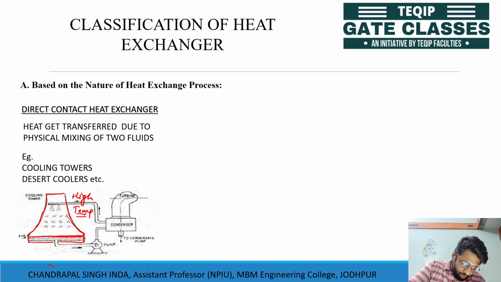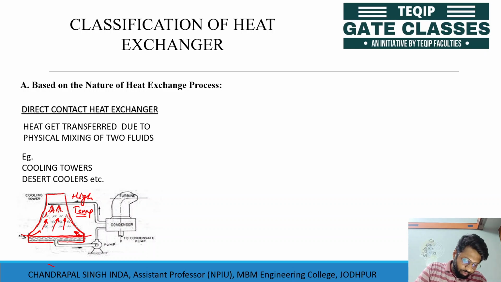So when it enters into the cooling tower, this fluid is spread into atomization form. So it is spread in small droplets. And air from the downward direction is allowed to flow in the upward direction.